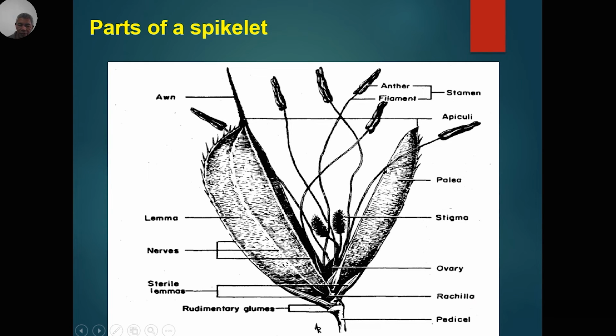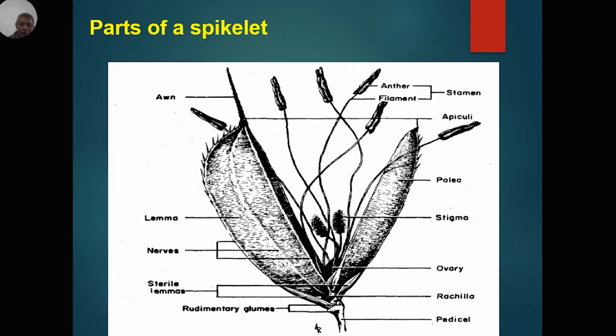If this is closed, this is the grain or the floret and this is the pedicel. The pedicel is responsible for holding the floret.